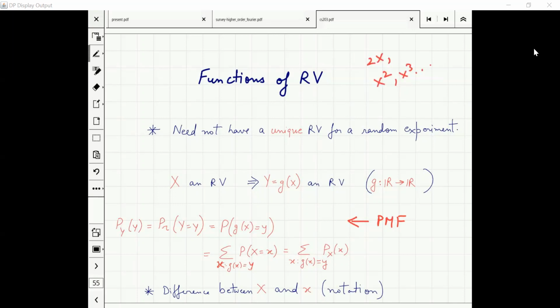So let's define y is equal to g(x). Okay, y is a random variable, x is a random variable. By the way, let me just clarify, this notation will be used here. When I write x is equal to x, what is on the left hand side?